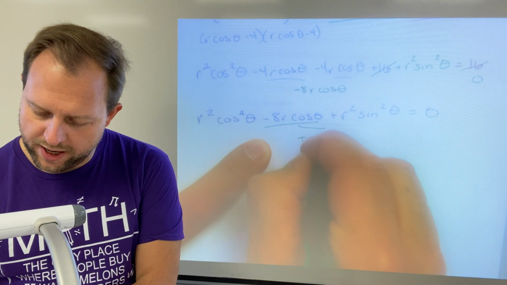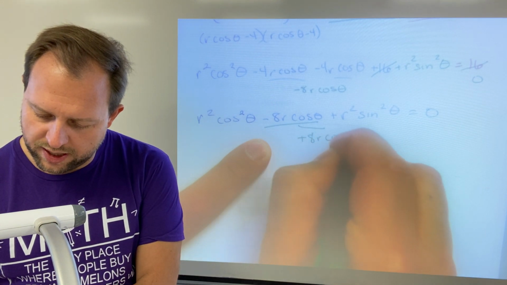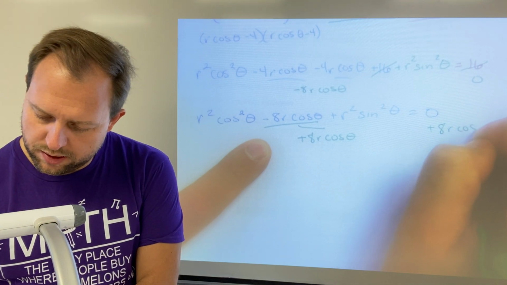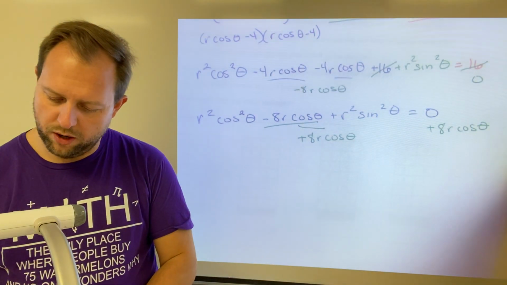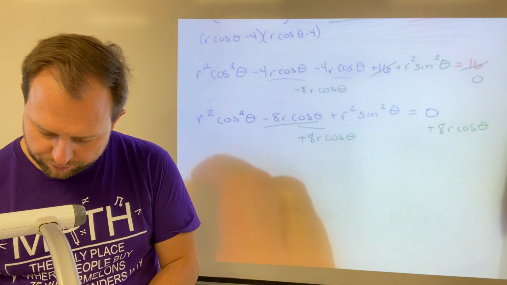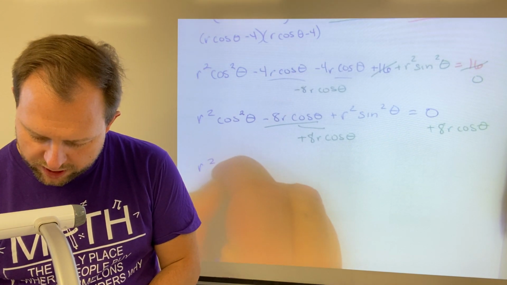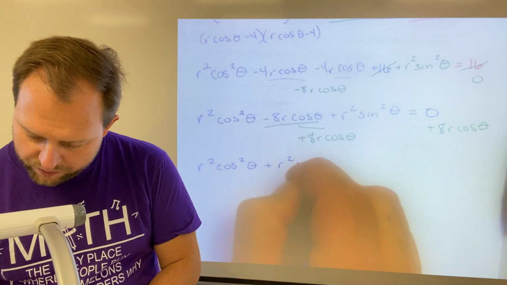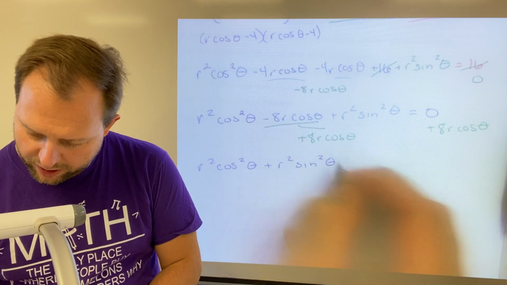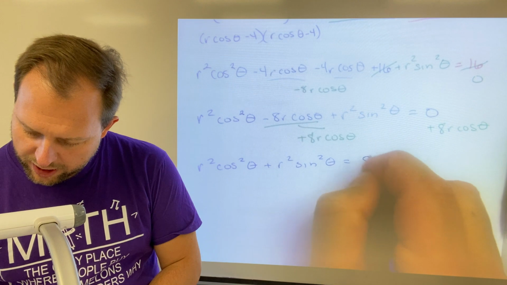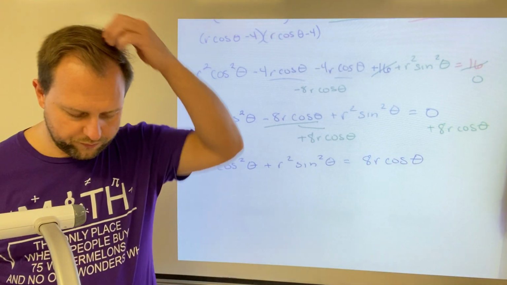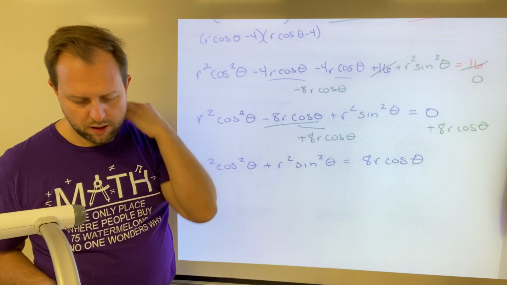So we're going to add 8r cosine theta to both sides. That will give us r squared cosine squared theta plus r squared sine squared theta equals 8r cosine theta.